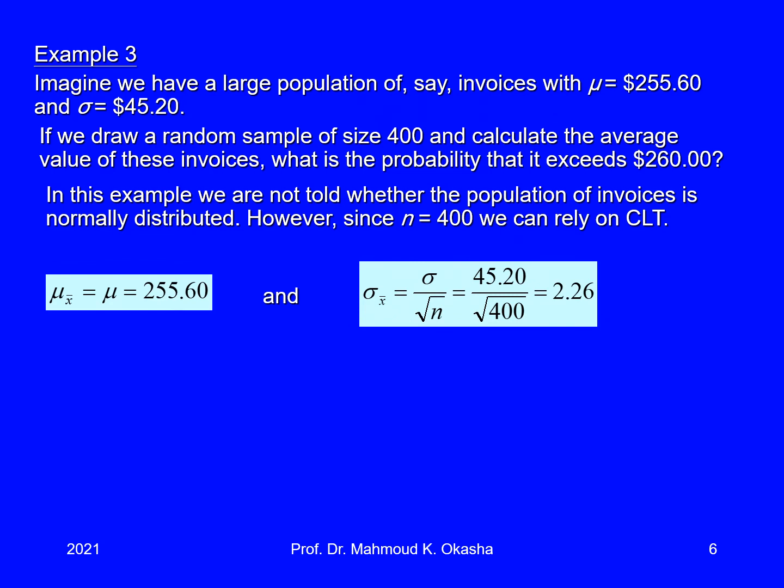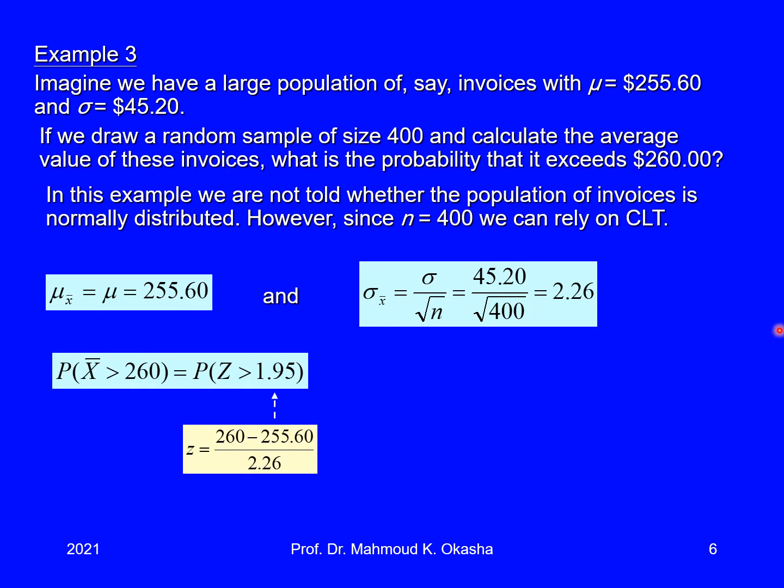So mu equals 255.6 and sigma X bar, which is the standard error, equals sigma over square root of n, which is 45.2 over square root of 400, which is 2.26, right?